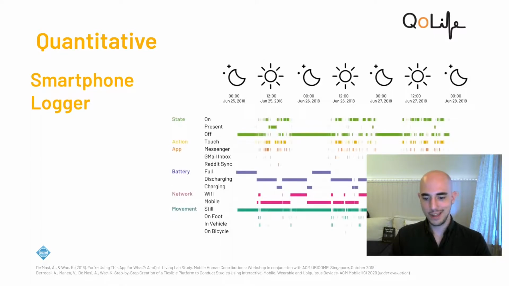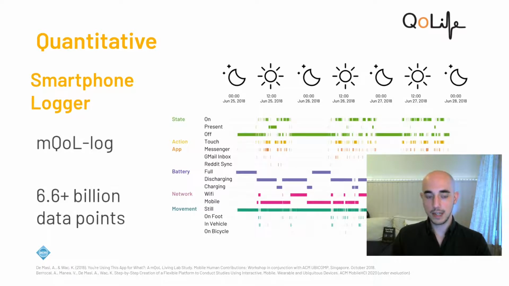For example, I will show you right now the data that our own logger, which we created at the lab a few years back and are continuously updating, mQoL-Log, is able to collect, a big number of data points across different aspects.